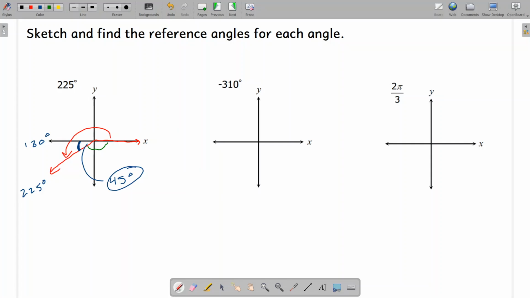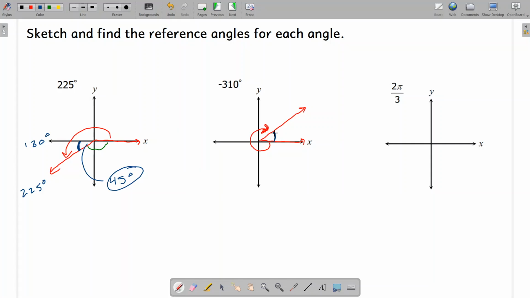So let's do a negative one here. Okay, negative 310 degrees means I am coming all the way over about here. Okay, and we went clockwise that time because it was negative. So my reference angle, remember, should always be positive. So we're measuring the distance from that terminal side back to the x-axis.